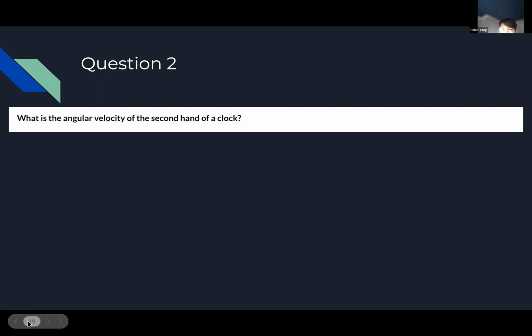So it asks, what is the angular velocity of the second hand of a clock? The equation is angular velocity equal to theta over t. And t is equal to 60 seconds because that's how much time it takes for the second hand to complete one revolution, which is just a full circle.